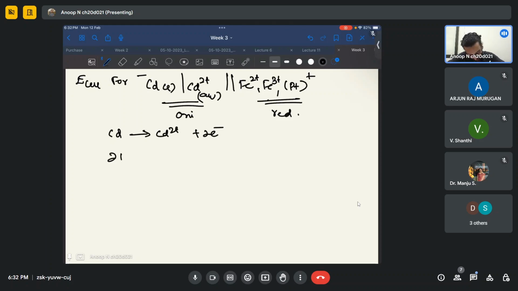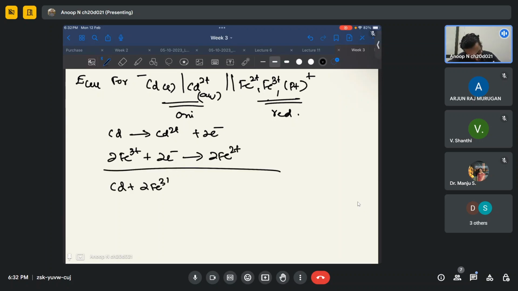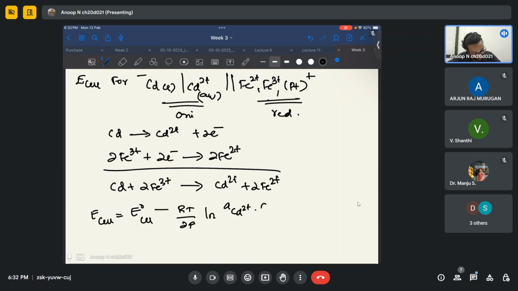Then at the cathode side, 2 Fe3+ plus 2 electrons is giving 2 Fe2+. The overall reaction will be Cd plus 2 Fe3+ giving Cd2+ plus 2 Fe2+. So how can I write the Nernst equation? E cell is equal to E0 cell minus RT by 2F ln of activity of Cd2+ into activity of Fe2+ squared divided by activity of Fe3+ squared. I think I wrote it correctly. Yeah.